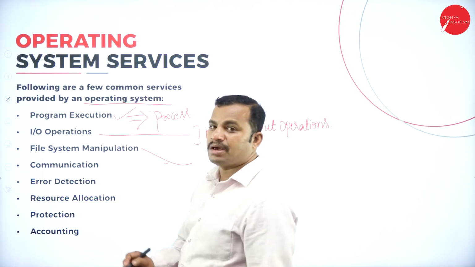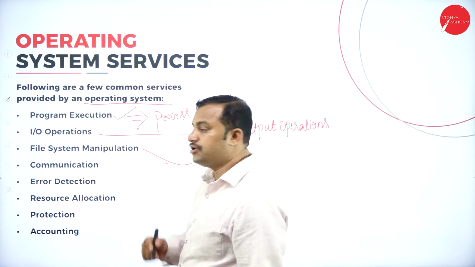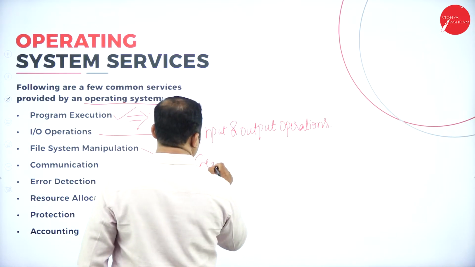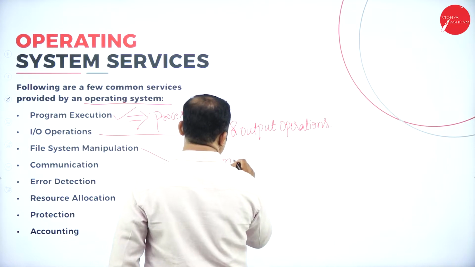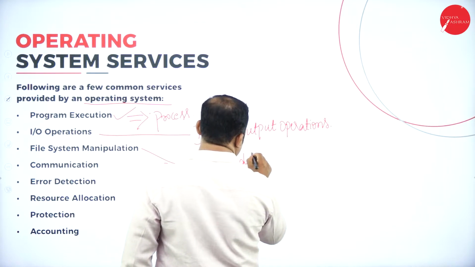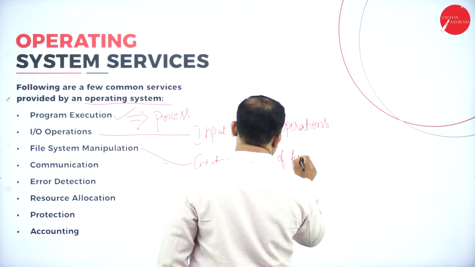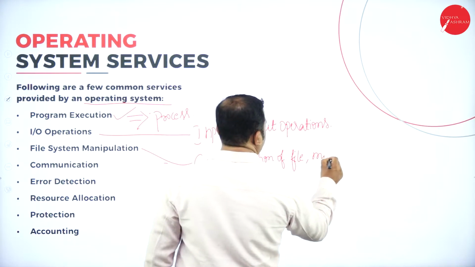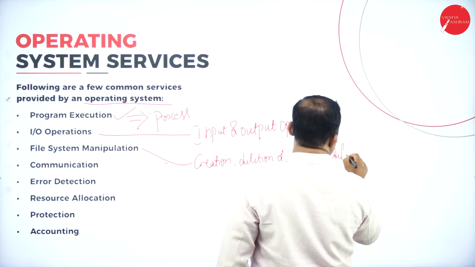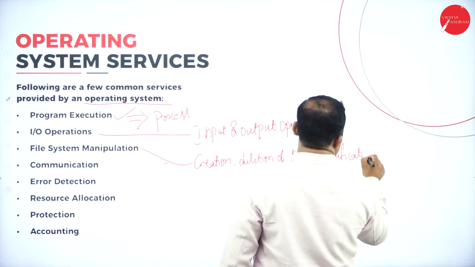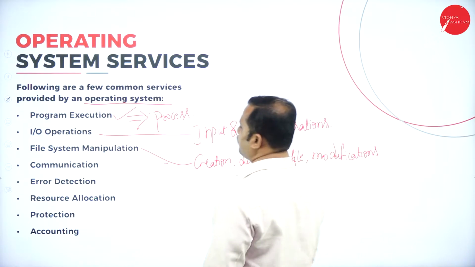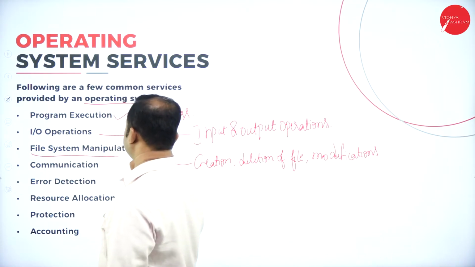That is, file system manipulations include creation of a file, deletion of a file, modification of a file. All these are certain types of file system manipulations.